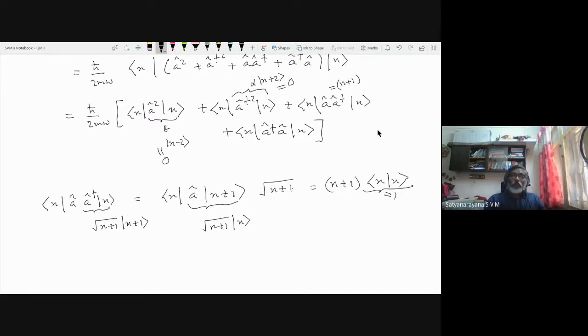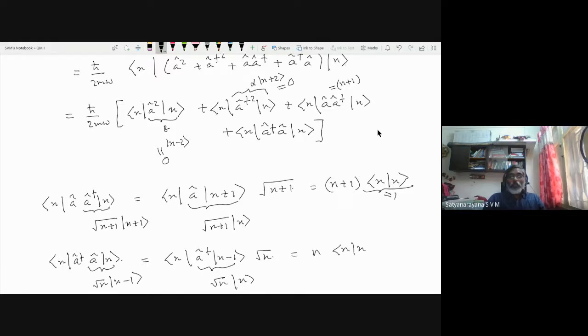What about this term? If you consider ⟨n|a†a|n⟩, a on |n⟩ is √n|n−1⟩. So that is equal to ⟨n|a†|n−1⟩ into √n. But what is a†|n−1⟩? It is √n|n⟩. So that is equal to n⟨n|n⟩, and this ⟨n|n⟩ is equal to 1.